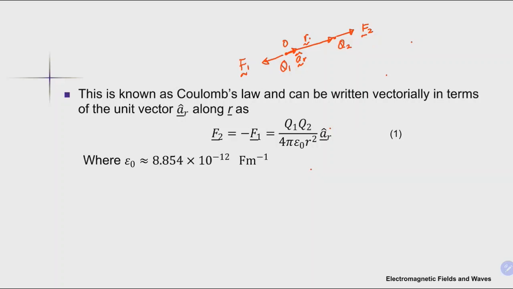But if we define Q1 as positive and Q2 as negative, then we know that opposite charges attract. If you put it into this equation, with Q1 positive and Q2 negative, then my F2 will end up negative.